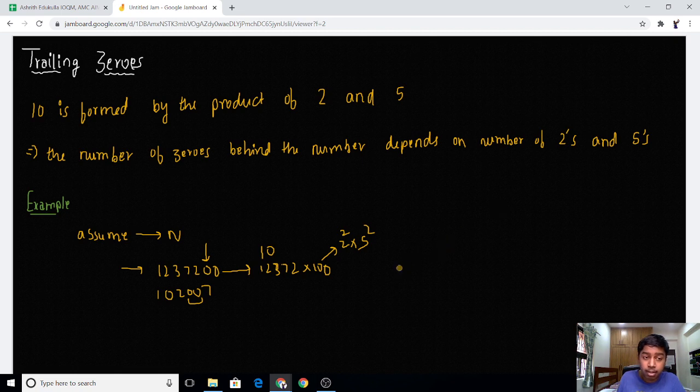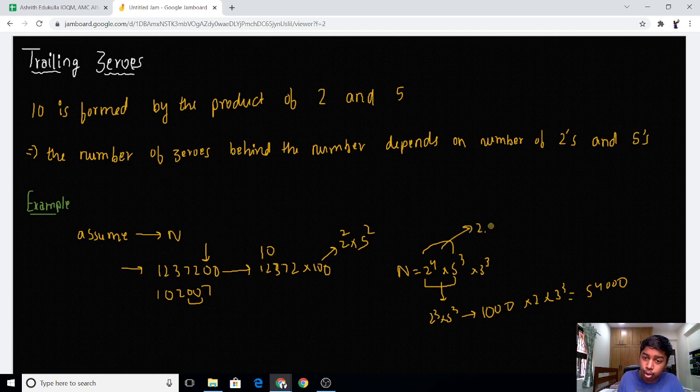If I have a number n equals 2 power 4 into 5 cube into 3 power 3, it depends upon the number of 2's and 5's. So 2 cube into 5 cube gives me 3 zeros, and then 2 into 3 cube gives 2754 followed by 000. A pair of 2 and 5 gives us one 0. We cannot get a 0 with any other factor like 3, 7, 9, 11, 13, whatever it is.